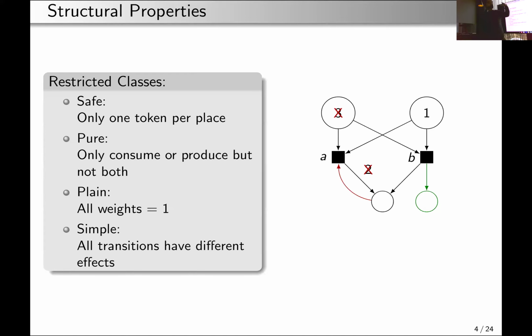Actually, when establishing the theory of Petri nets, he stated this as an axiom. Meaning that if, for example, A and B have the same input places and the same output places, then they must be the same transition, okay? So in this case, I want to distinguish them, meaning that I have to describe a place that has a different relation with one of them. By adding this place, I'm making the net simple.